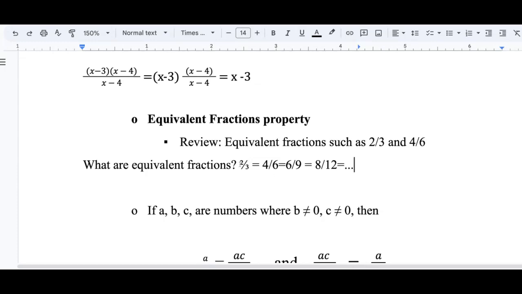So basically, you multiply the numerator and the denominator by the same number.